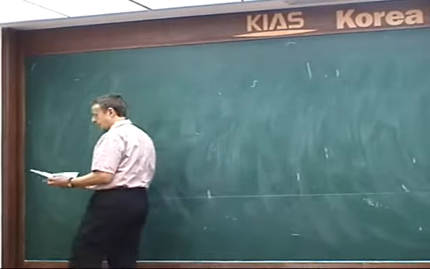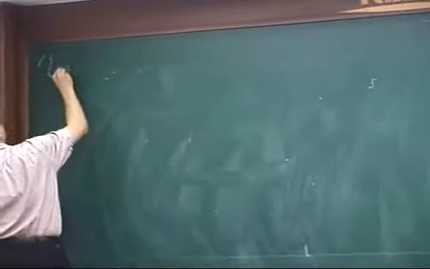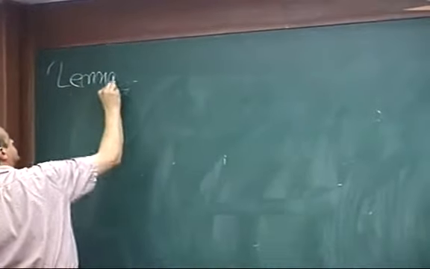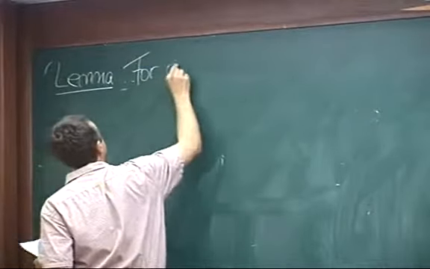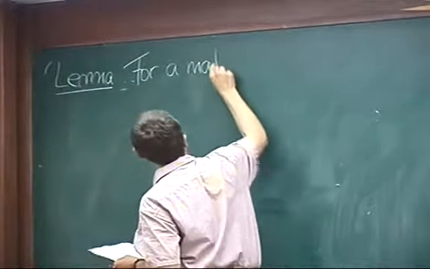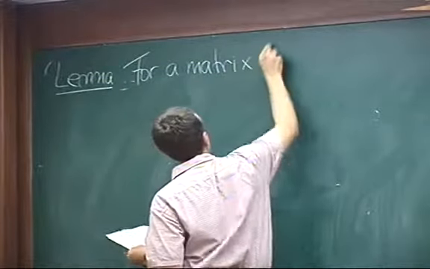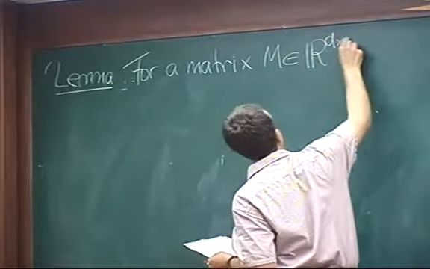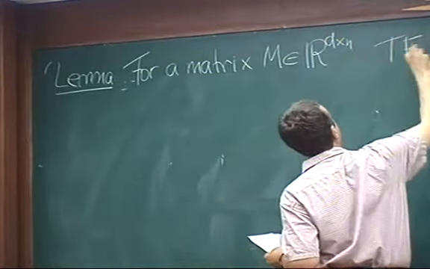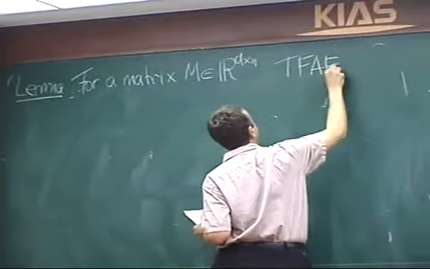So here's another lemma. Here's a lemma that concerns the Kapranov rank. For a matrix M, which is a D by N matrix, the following are equivalent.